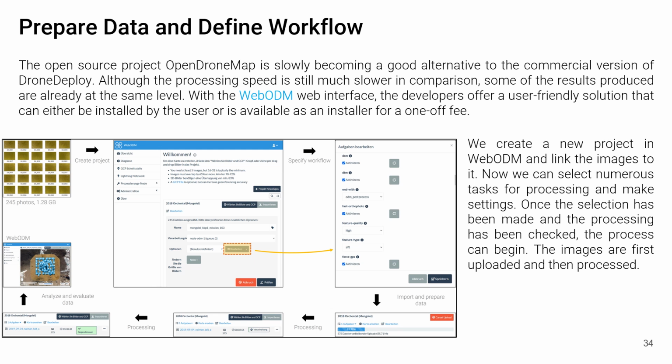Once the selection has been made and the processing has been checked, the process can begin. The images are first uploaded and then processed. Processing these 245 images with the desired results and settings, for example, took almost 14 hours. The results are then available in the WebODM user interface for further analysis and evaluation.